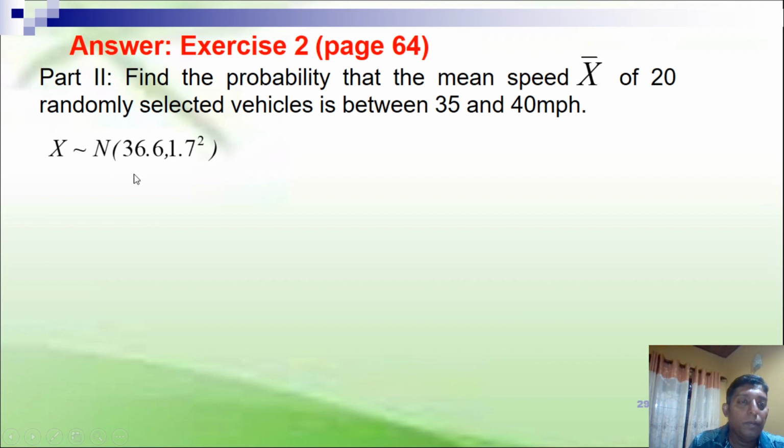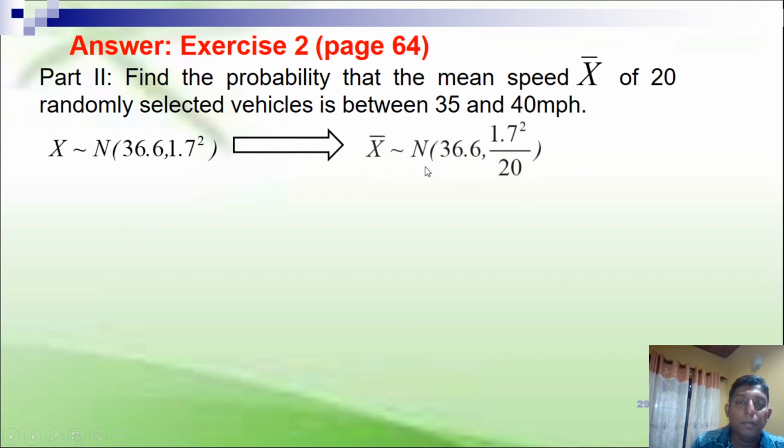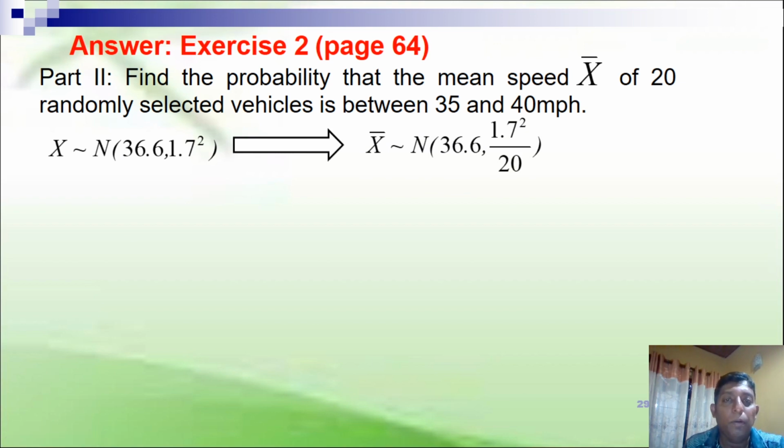X follows a normal distribution, therefore X bar also follows a normal distribution, because we take a sample from a normally distributed population with known population variance. Therefore X bar follows normal with mean 36.6 and variance 1.7 squared over 20, where 20 is the sample size.